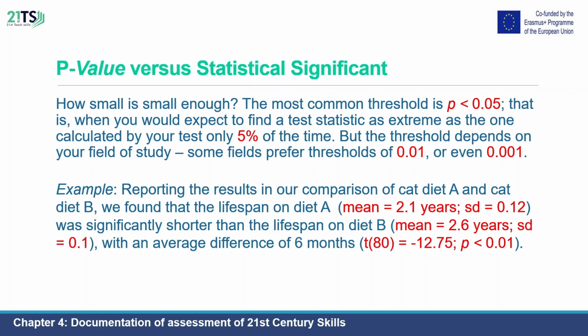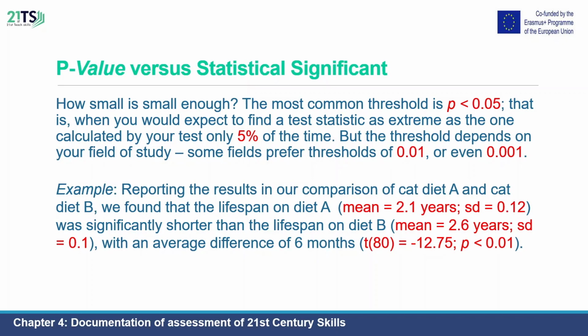For example, reporting the result in your comparison of cat diet A and cat diet B, we found that the lifespan on diet A, the mean equal 2.1 years and standard deviation equals 0.12, were significantly shorter than the lifespan on diet B, mean equal 2.6 years, standard deviation equal 0.1, with an average difference of 6 months.